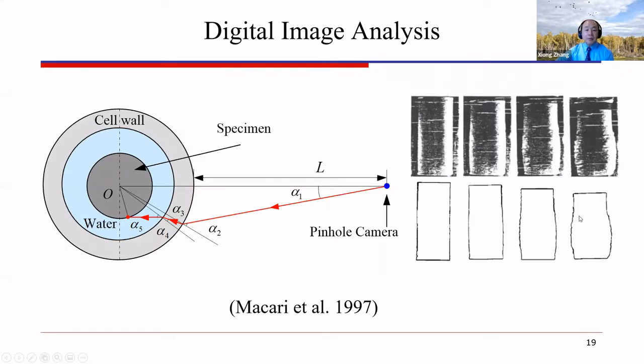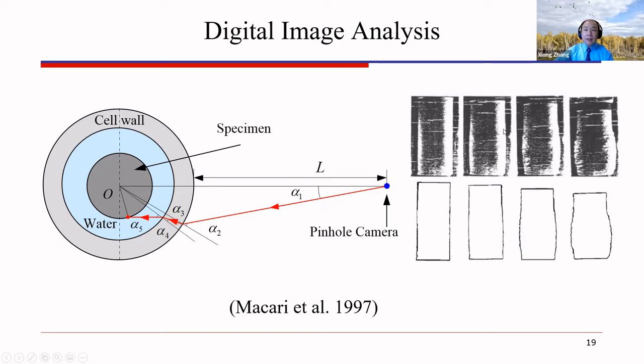So some other researchers also thought about correcting the refraction by using digital image analysis. So the idea is to put a camera at a known position relative to the acrylic cell. And then by knowing the position of the camera and the location of the acrylic cell and the specimen, you can do some kind of ray tracing to correct the image.